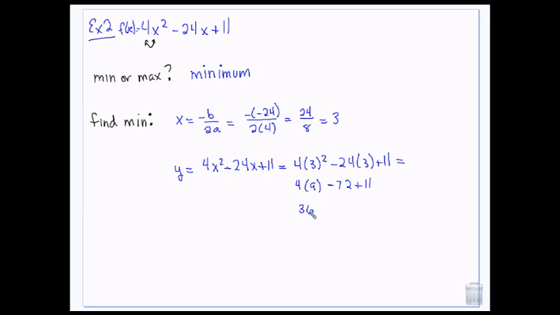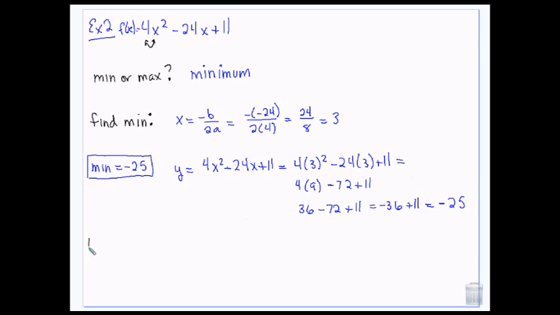So that's 36 minus 72 plus 11. So that's -36 plus 11, so that is -25. So my minimum is -25. So far, okay?